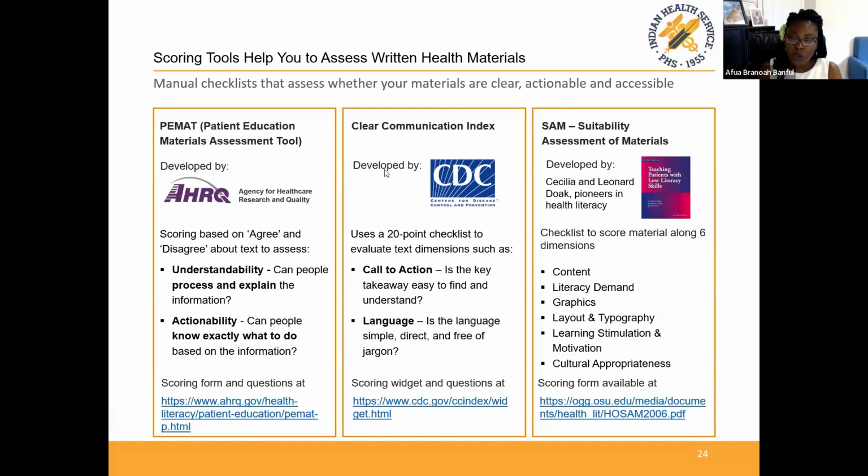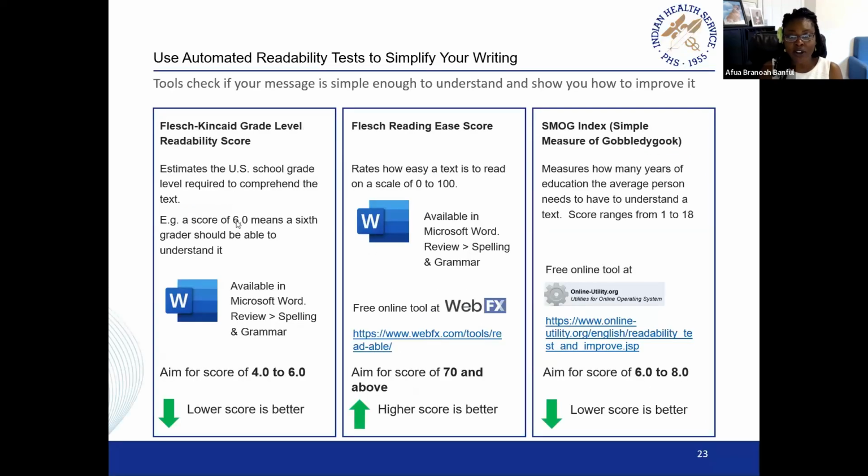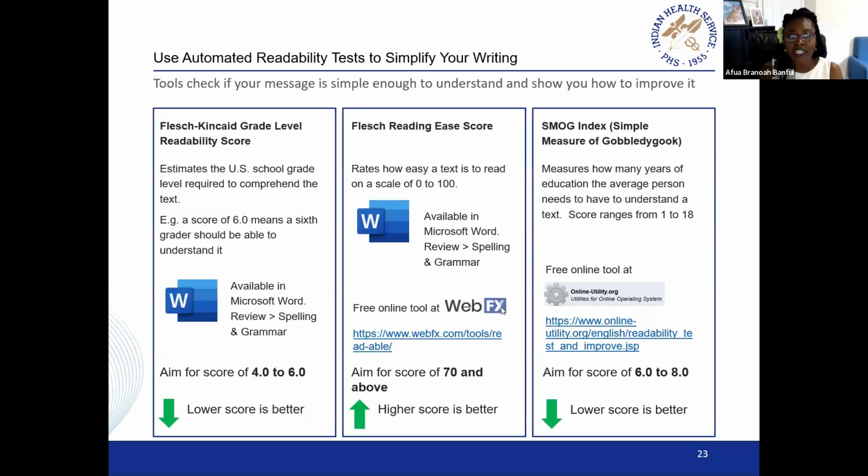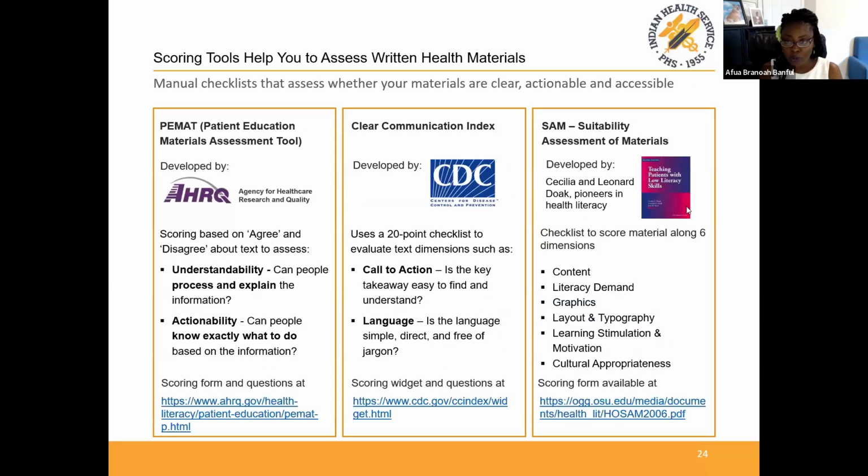Now, these scoring tools, I appreciate that these pages are very dense. I want you to keep them as a reference to access each of these resources, right? Which is why I grouped them on the same page. I vacillated between spreading it out, but I think it's just easier when you pick: these are all my readability tests, these are all my plain language things, and then these are all my scoring tools.